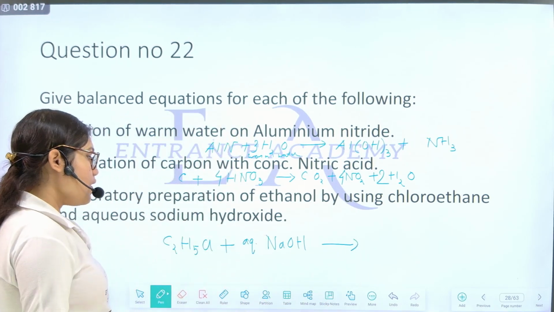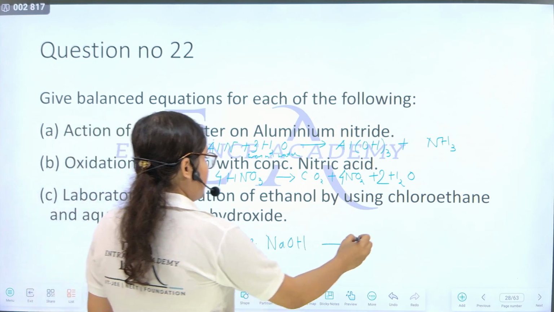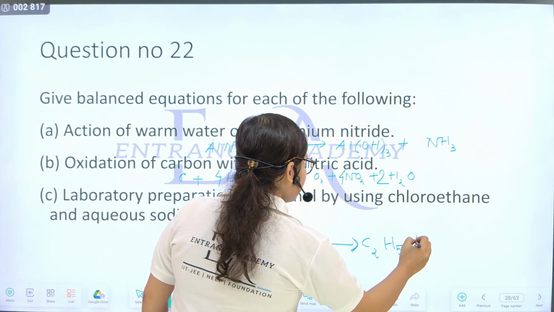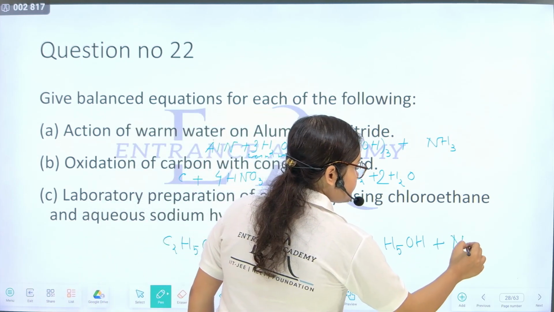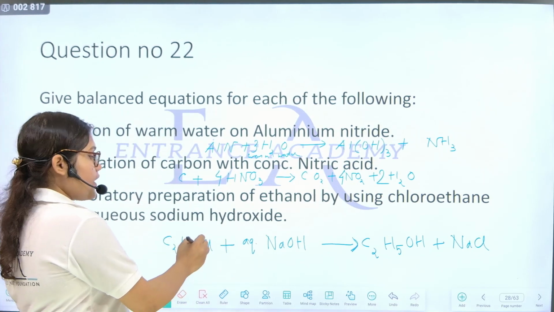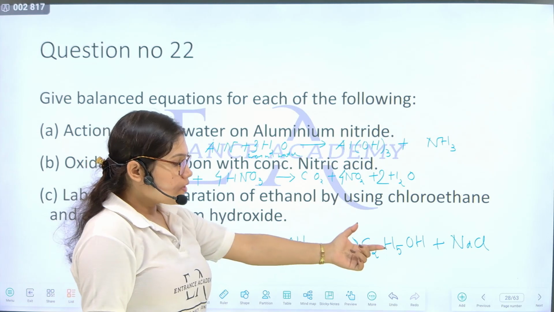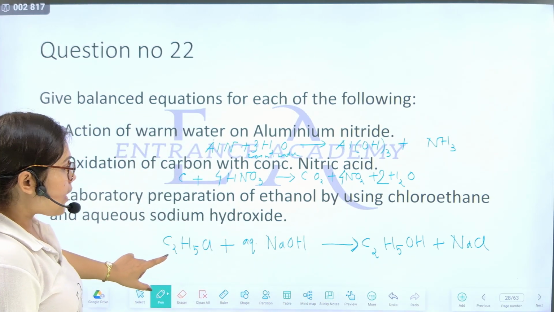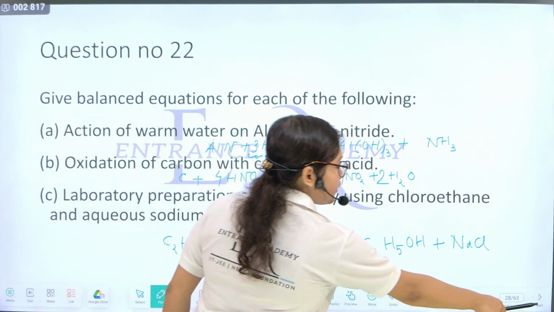The products are ethyl alcohol plus sodium chloride. This is the reaction when an alkyl halide with alkali solution gives alcohol and sodium chloride. This is the third equation. I think it is already balanced. Okay. Next one.